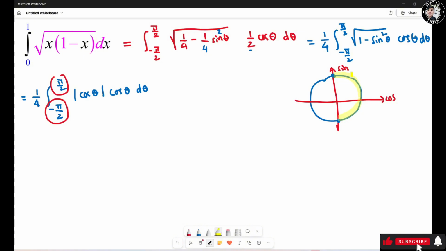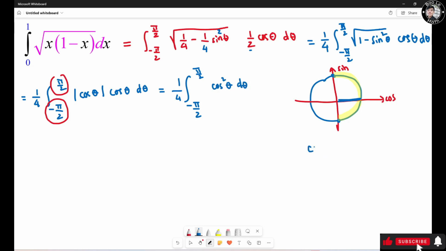Within these quadrants, cosine is positive. So when I remove the absolute value sign right here, I don't need to change the sign of cosine theta. So this becomes 1/4 times the integral from negative pi/2 to pi/2 of cosine squared theta d theta.